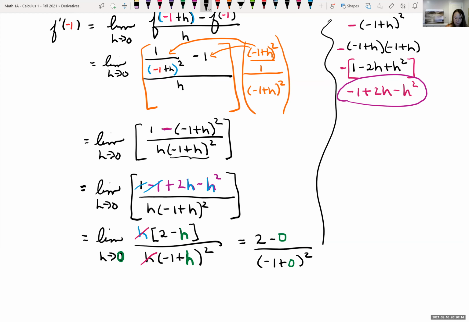So I'm left with 2 in the numerator, all over 1 in the denominator, which is 2. So we just found that the derivative of our function at x equals -1 is equal to 2. So this is the slope of our tangent line, m is equal to 2.